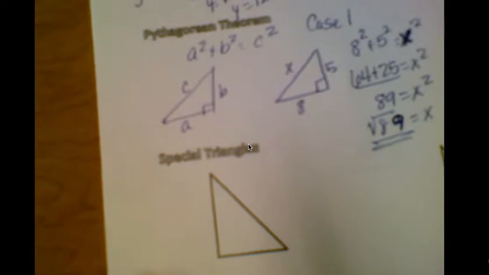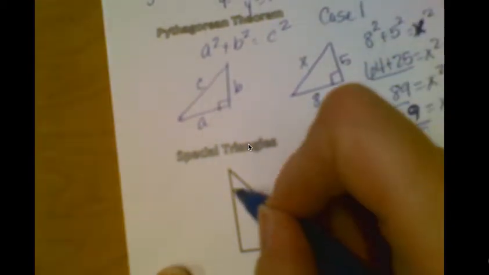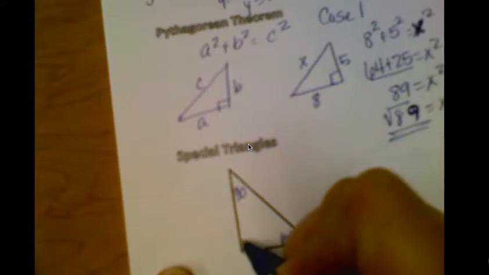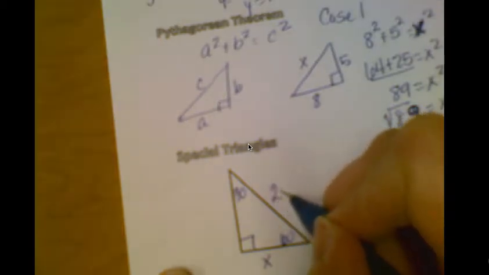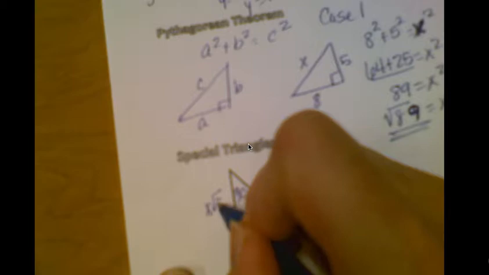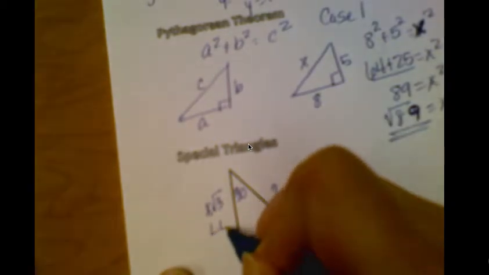Okay, the last part, special triangles. Okay, so in this triangle, this is a 30, 60, 90 triangle. Remember that this is the short side, and so this is x. The hypotenuse is 2x, and the long leg is x square root of 3. I'm going to label this as long leg and short leg.